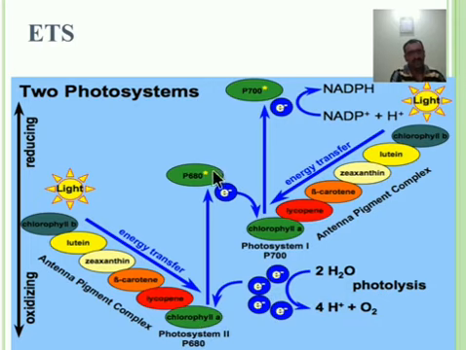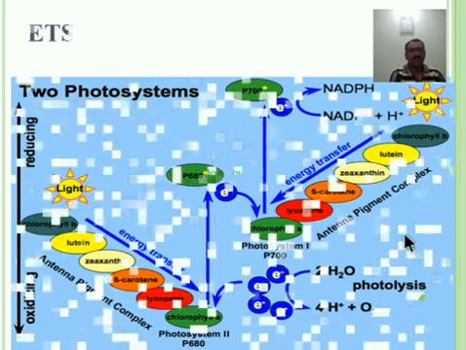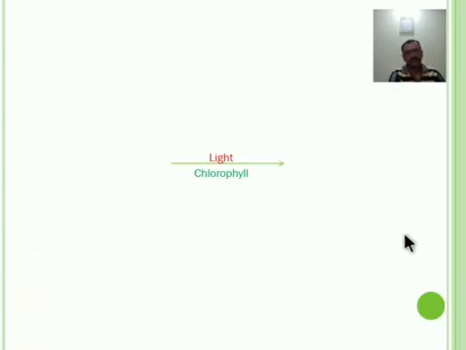Excitation is there. This electron comes toward the photosystem first. Again excitation of electron is there, and further that electron is combined with NADP and forms the NADPH plus molecule. In this way this is another diagrammatic representation of the electron transport system.